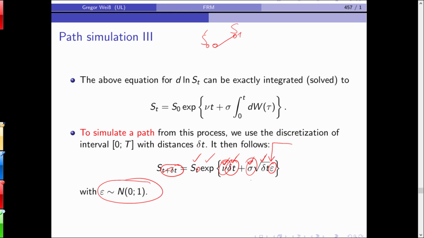You only need to simulate from the standard normal distribution, insert it into the formula, and then you can simulate the next step and the next step, and you will go from here, and then to here, and so on. Obviously, these should be the same delta t's. Let's make it better, maybe.